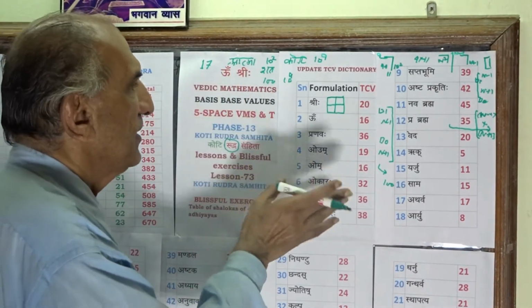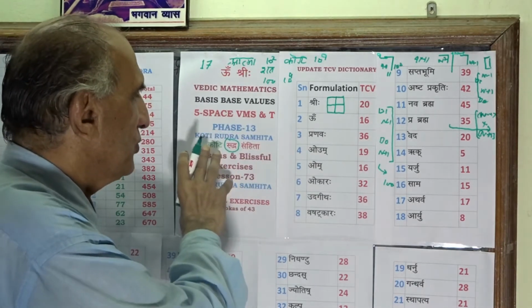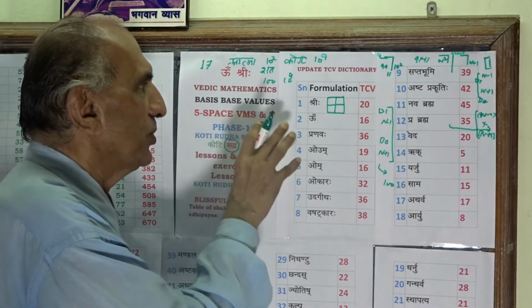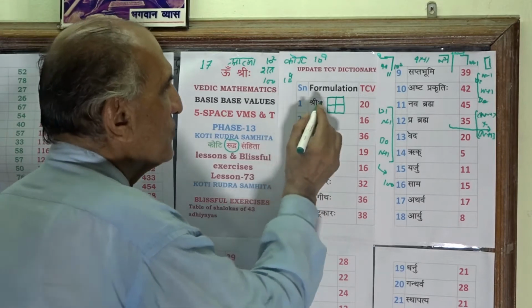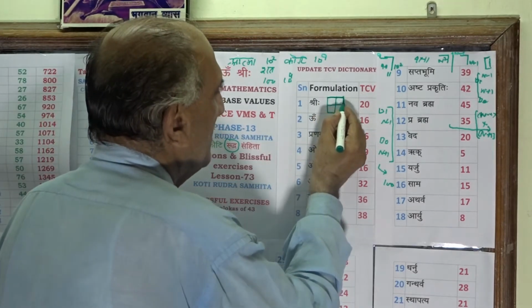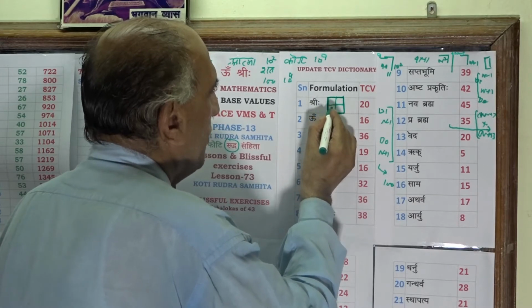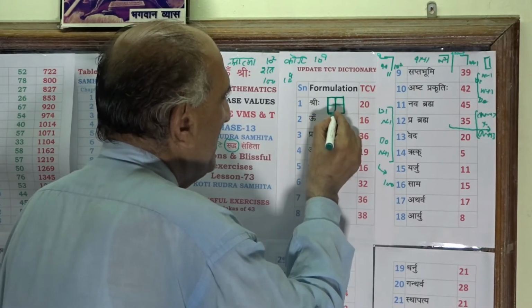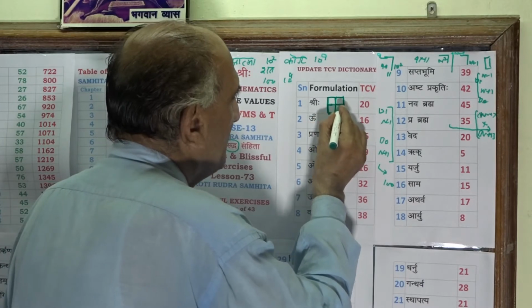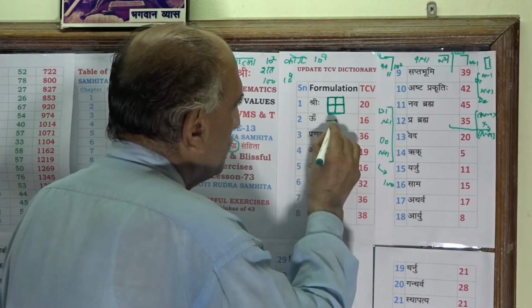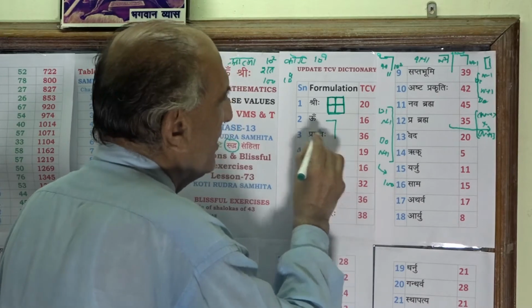Now, the transition from Shatrudra Samhita format to Koti Rudra format is that square itself is being approached as quadruple quarter squares. It is this technique which is being adopted. We know this square can be transited into a rectangle.